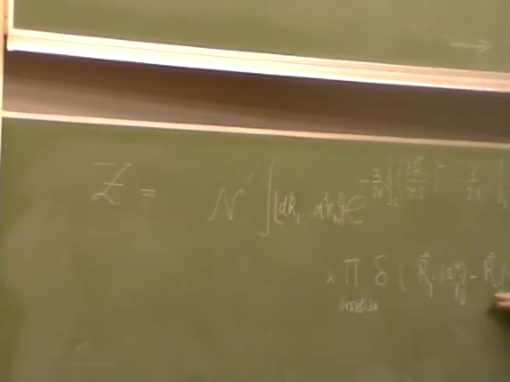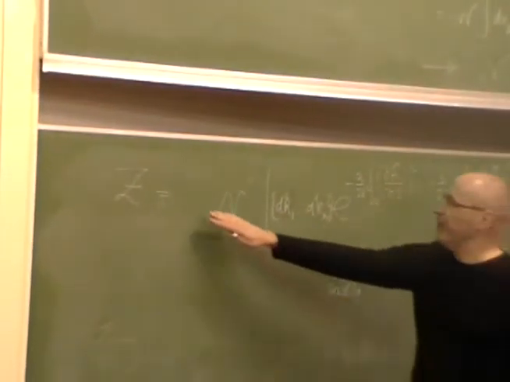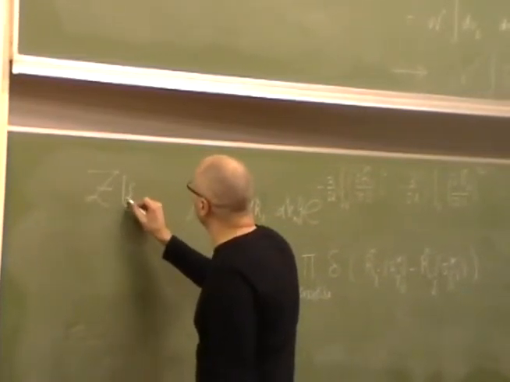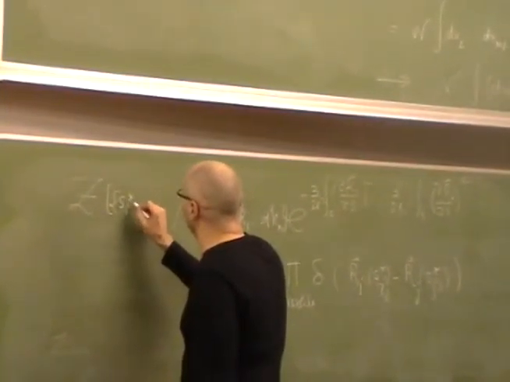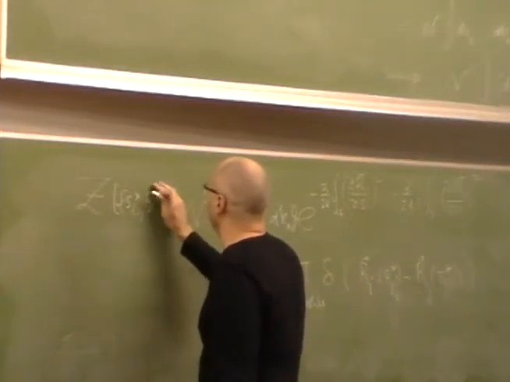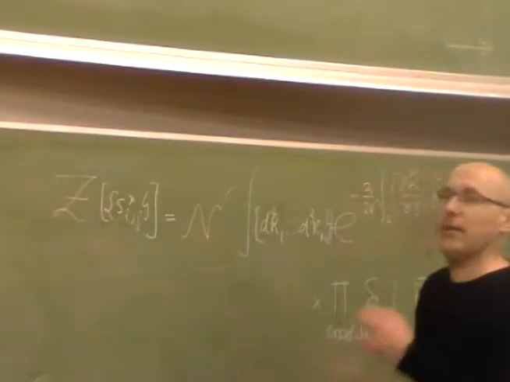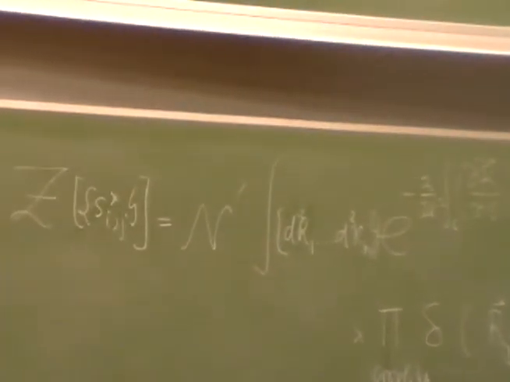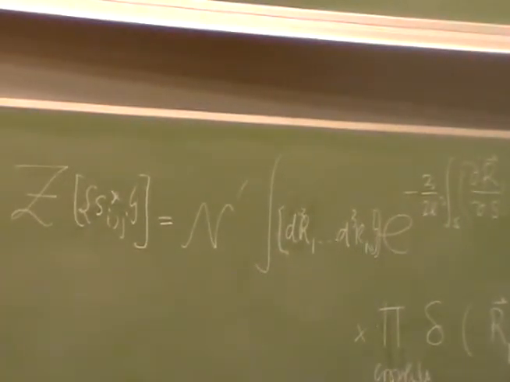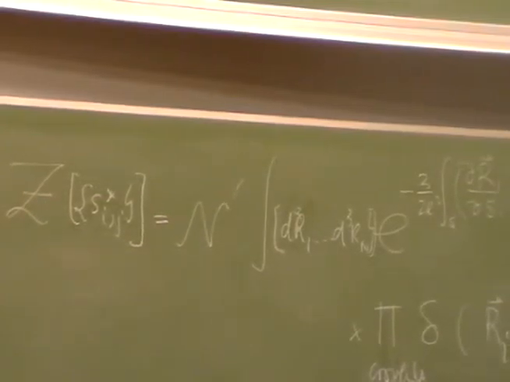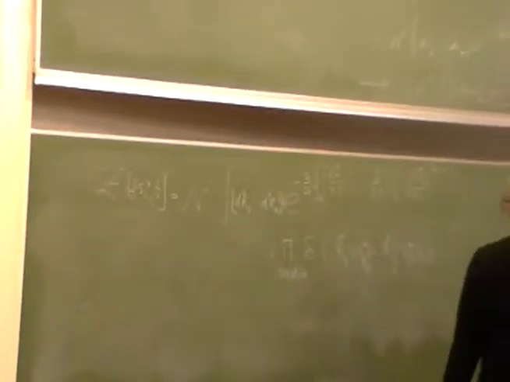The disorder are all of these S star ij's, so our partition function still depends on all of these. And if we want to calculate anything, we can't do the calculation in principle. Well, there are some people who have actually managed to, but in general we can't do the calculation with S star ij some arbitrary number, so we need to average over the disorder.